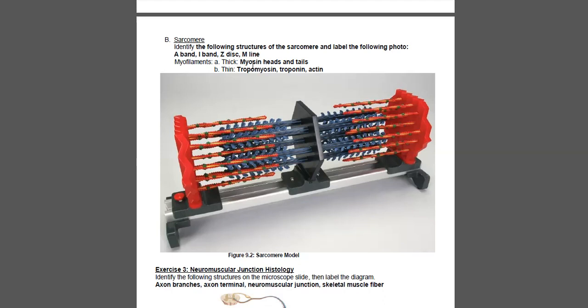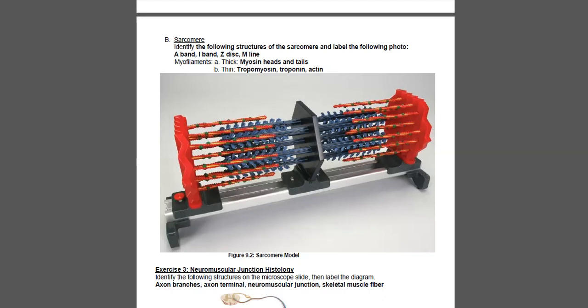Okay? So on the thick filaments, we have myosin heads and tails. The heads are these little golf club heads that stick out. It's hard to see the tails on here, but you can kind of see that there are blue lines running along the black. If you see this in person, it'll be obvious.